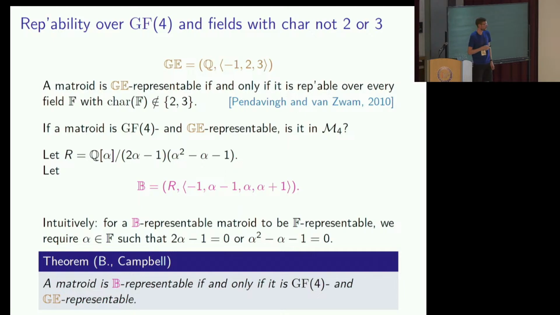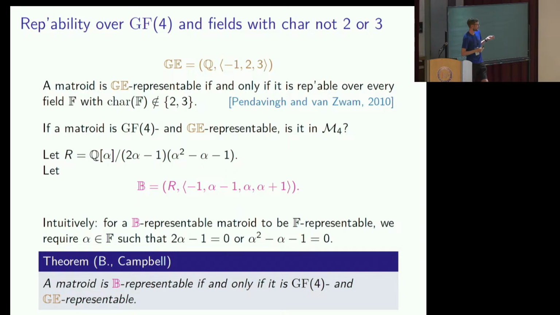Just a couple of things to note about this partial field. If you look at a matroid that's representable over this partial field and you ask if it's representable over some other finite field, you're going to need something that you can map this alpha to, such that either 2 alpha minus 1 is 0, or alpha squared minus alpha minus 1 is 0.